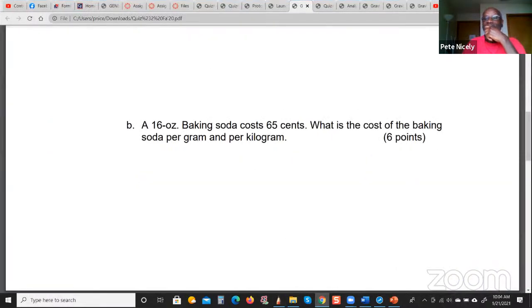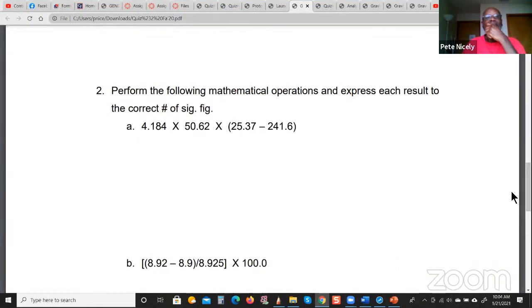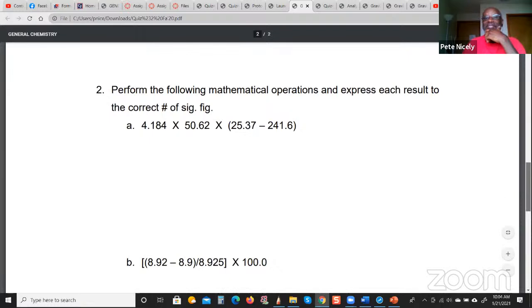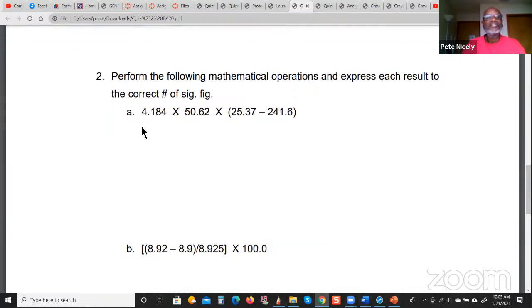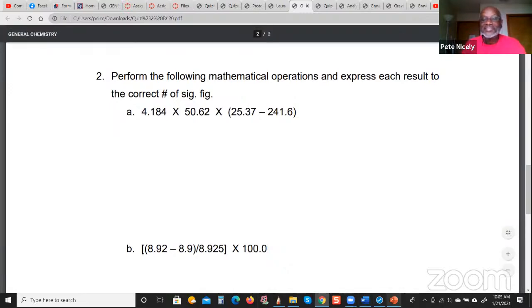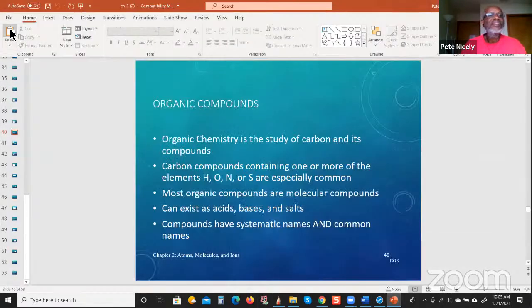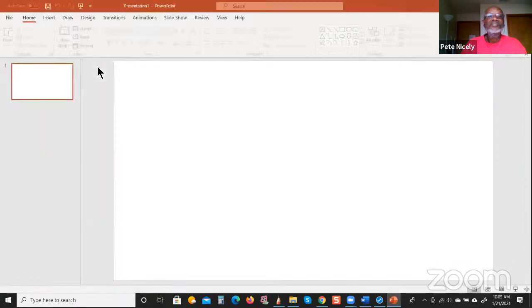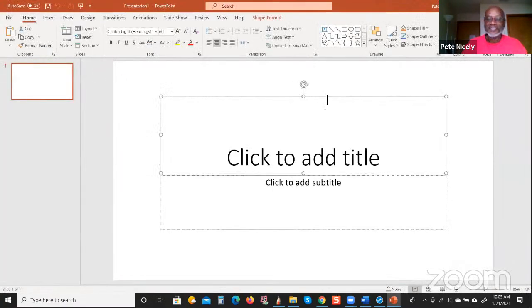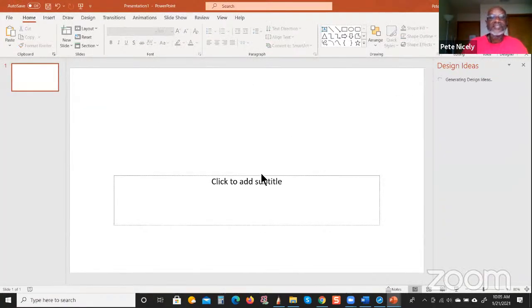Okay, so let me go back here. Let me see what's next. Okay, so these questions are dealing with significant figures in different situations, different types of mathematical operations. You know what? Let me try this. I'm trying to find an easier way to deal with this. I'm going to use PowerPoint instead.